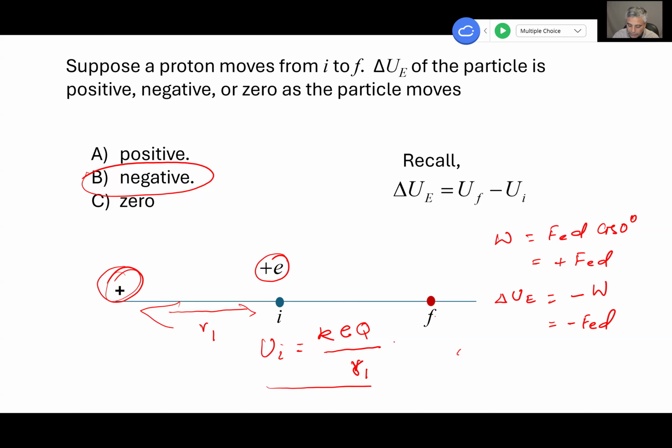So this number is positive, agree? K is positive, e is positive, the sign of both charges is positive, which means this is going to be positive.